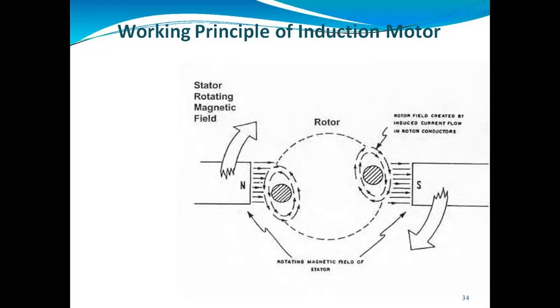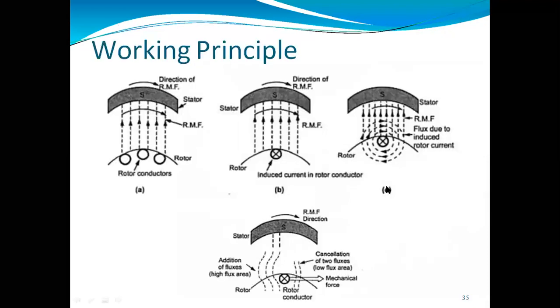So when you are giving the three-phase supply to the induction motor, the magnetic field of the stator will rotate. Also the rotor part which is connected with this stator will rotate, which will form two poles, the north and south pole. When that part rotates, you are not able to see it here, but you can see here.